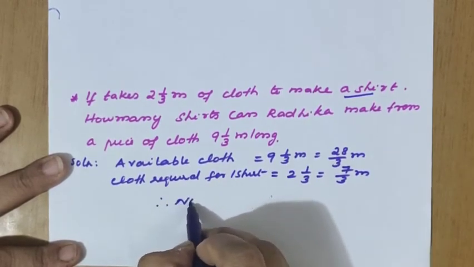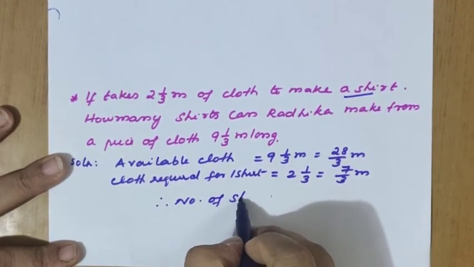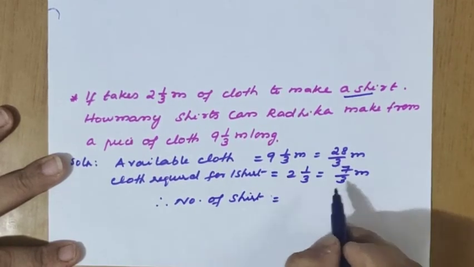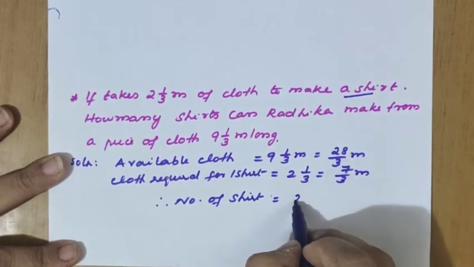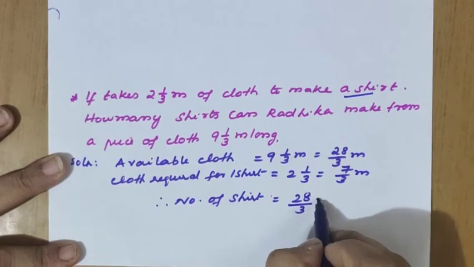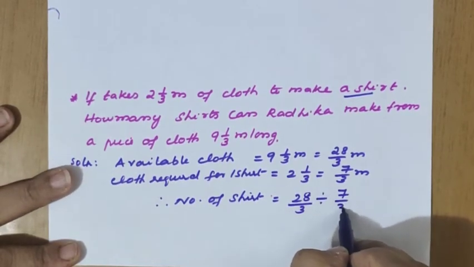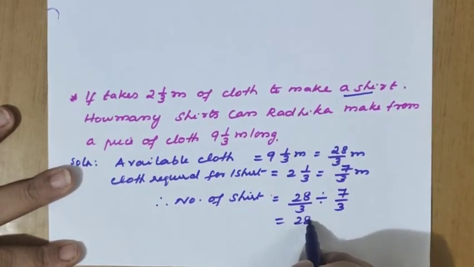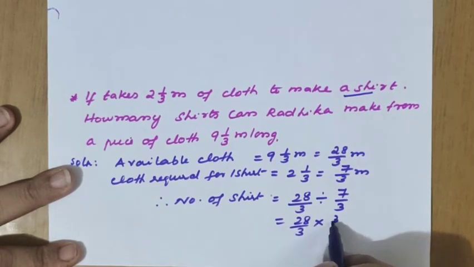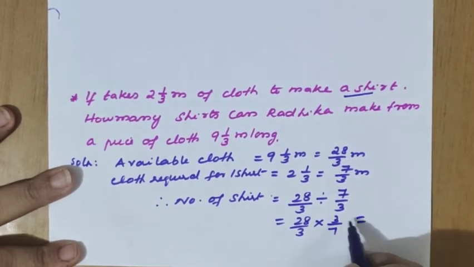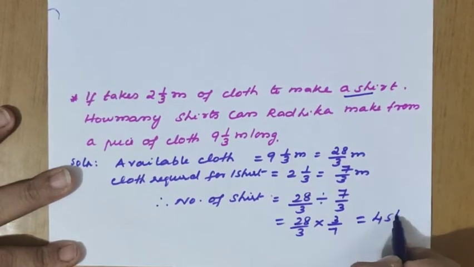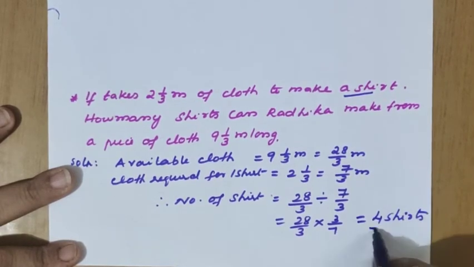Therefore the number of shirts is equal to, what is the total cloth? 28/3 divided by 7/3. Easy calculation here. Reciprocal 3/7, then multiplication, 3 will get cancelled, so 4 shirts is the answer.